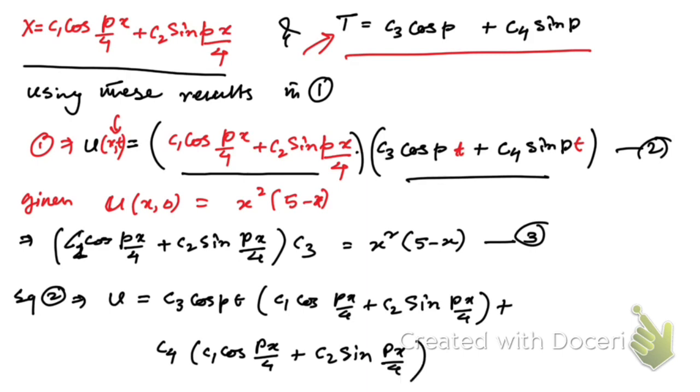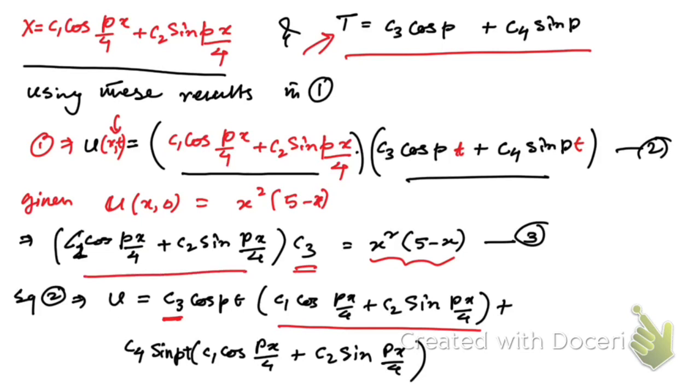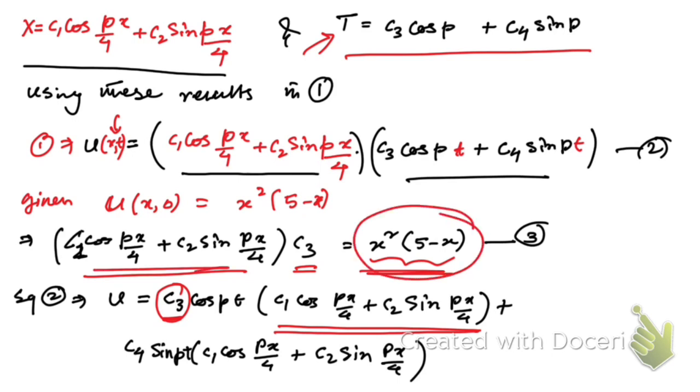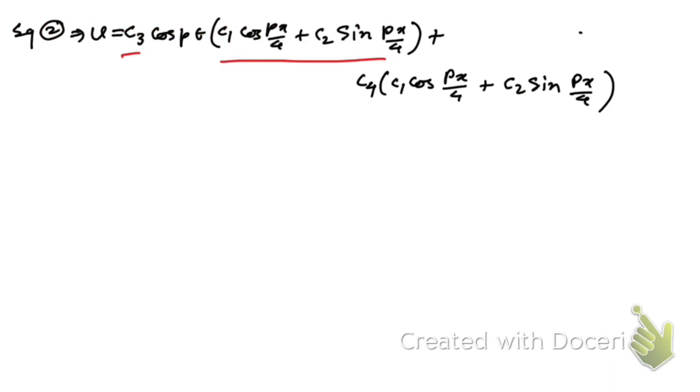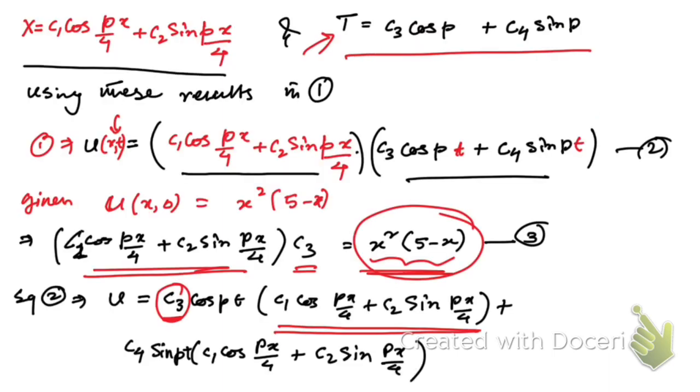So now let me copy this result and go to the next slide. Okay, just wait. So this is sin pt, I missed this. Now here you see we have c3 into this is equal to this, so we can replace these two by this expression. Using 3, just replace this c3 into this by this value.